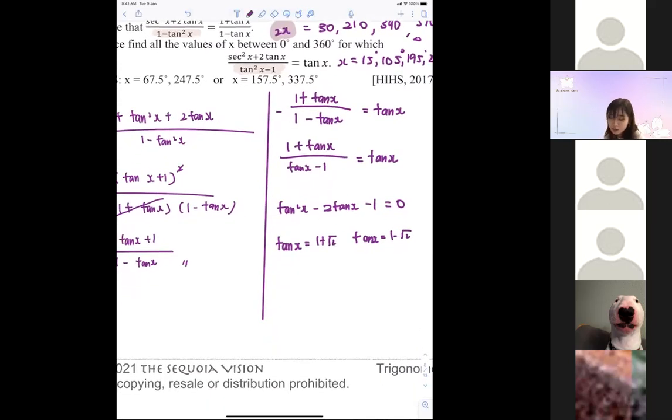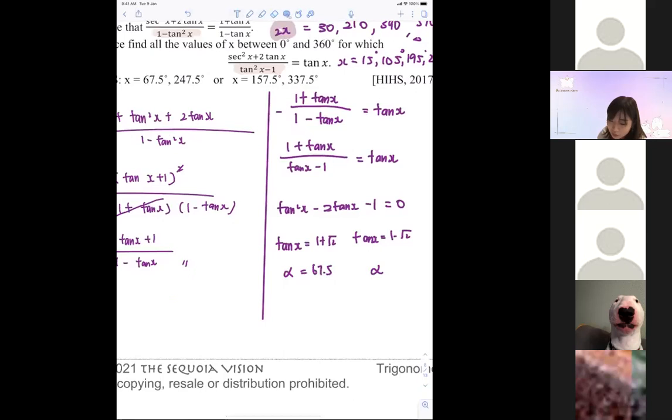So after we make tangent x the subject, find basic angle. Then you will have 67.5. The other one is a bit tricky.